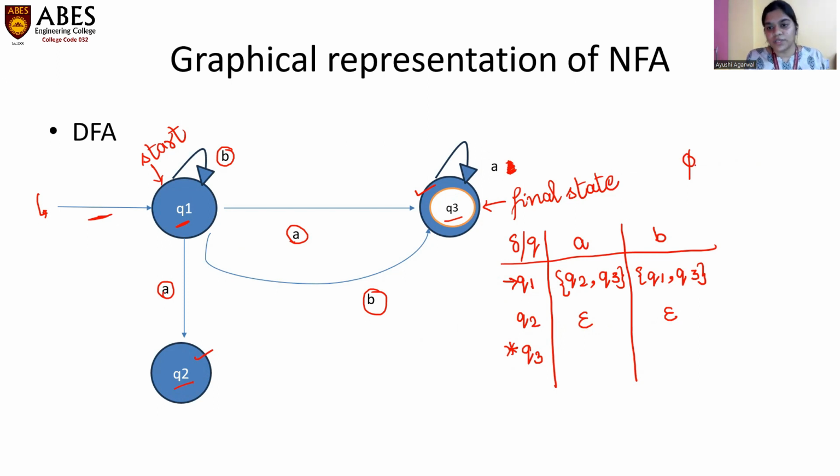In case of DFA, when we mention phi, that shows that there is no transition from that state. Basically, that particular state is not reading any kind of symbol. But in case of NFA, if we are not reading any kind of symbol, we mention the epsilon symbol over here, not the phi symbol. Okay, now let's move on. With state Q3, by reading A, it is coming to state Q3, and by reading B, it is going nowhere. So we will keep epsilon.